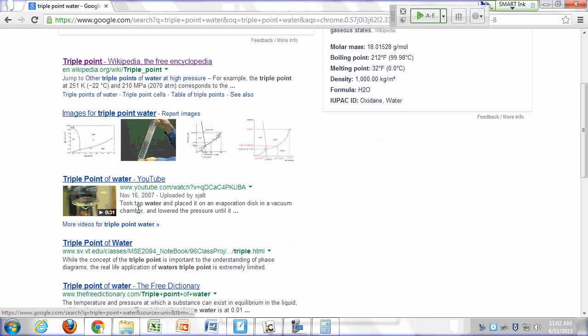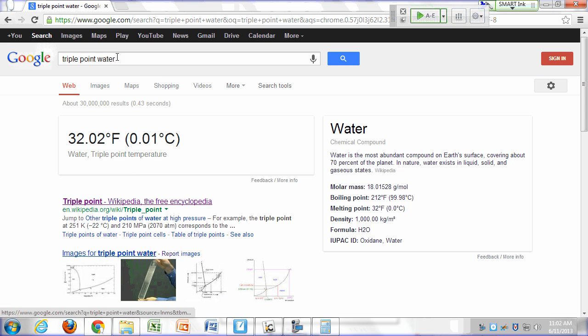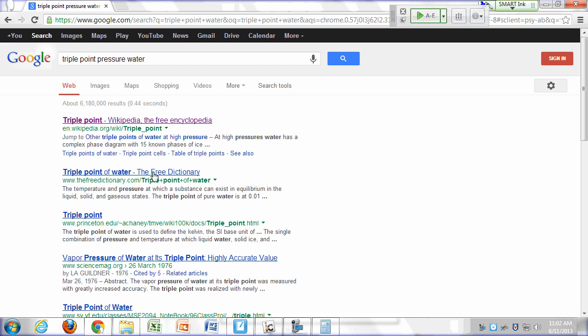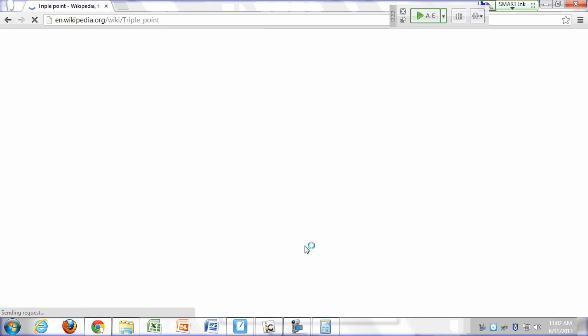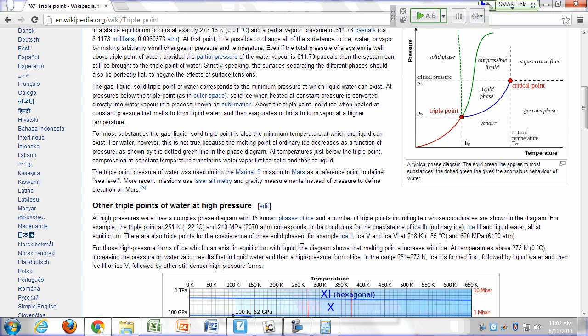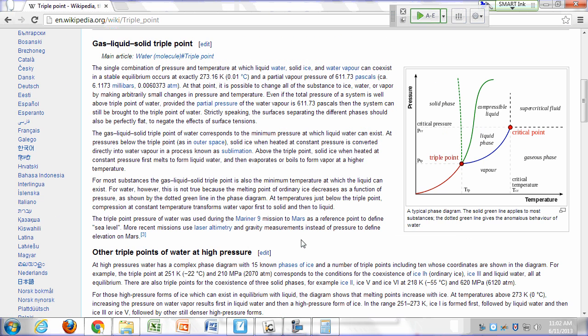Let me see. I think that's 0.006 atmosphere. Yes. Yeah, it's 0.006 atmospheres. Okay, so this is the triple point of water.